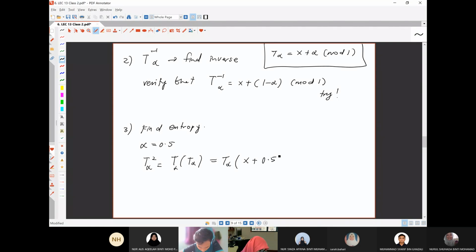So x plus 0.5 mod 1. And then you substitute back, right? Because this is a composition of two transformations, so you have another x plus 0.5. You will have x plus 0.5 plus 0.5 mod 1.